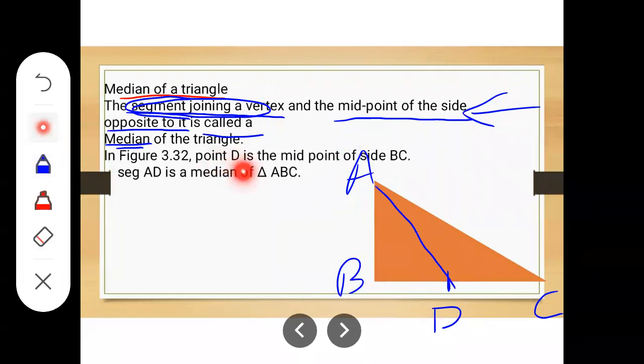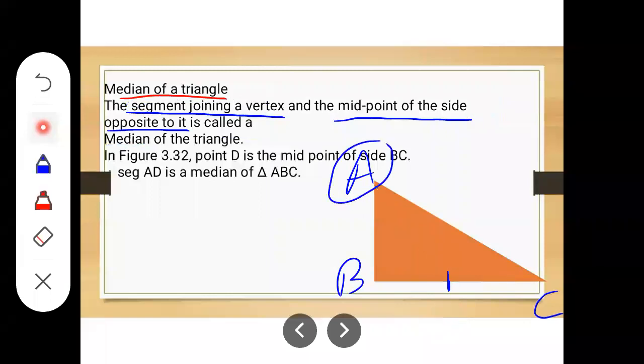See, point D is the midpoint of side BC, and segment AD is a median of triangle ABC. AD is a median of the given triangle, that is triangle ABC. Understood the concept of median?